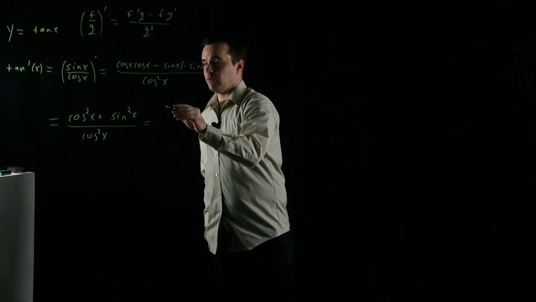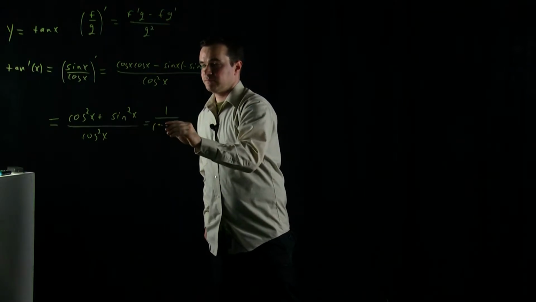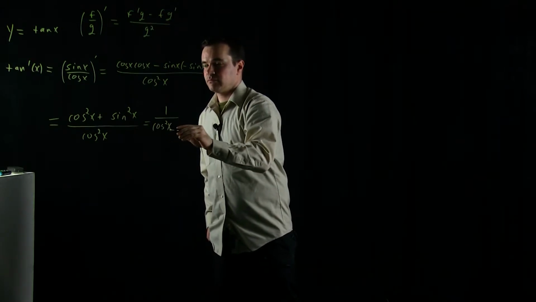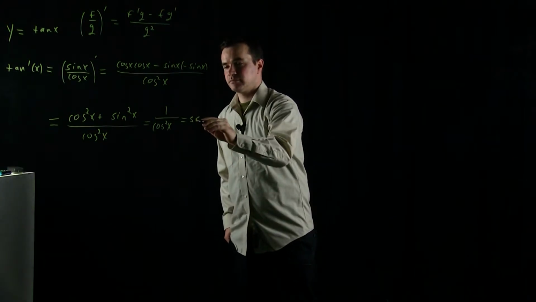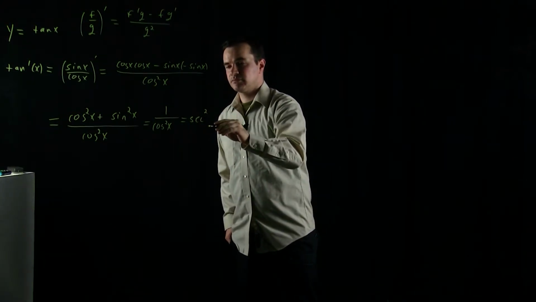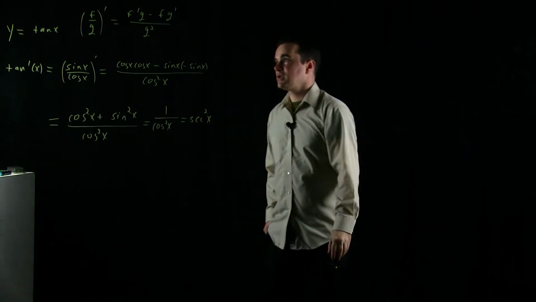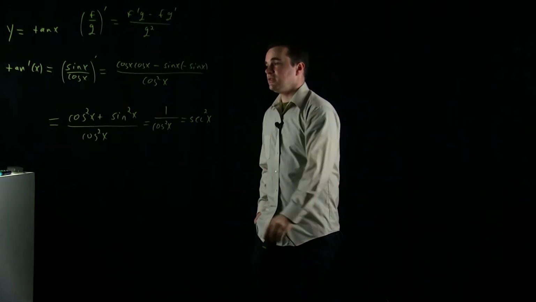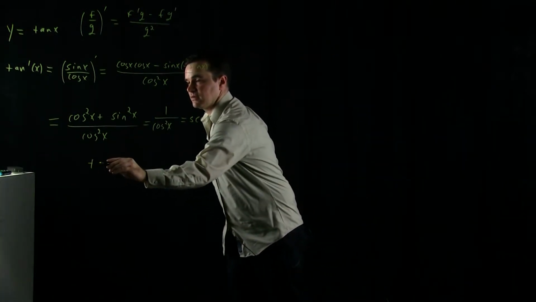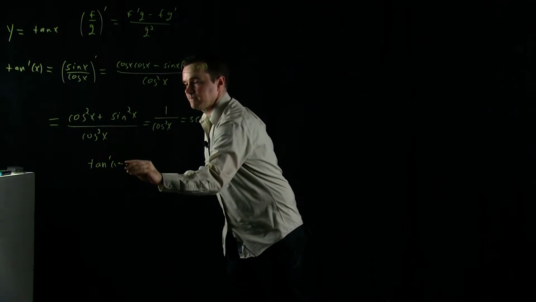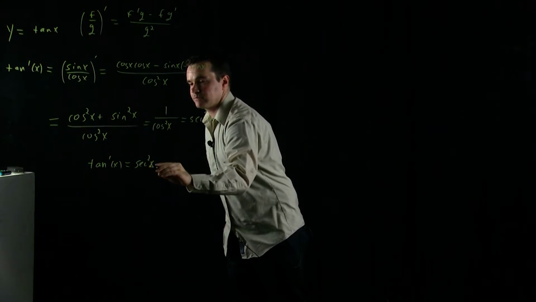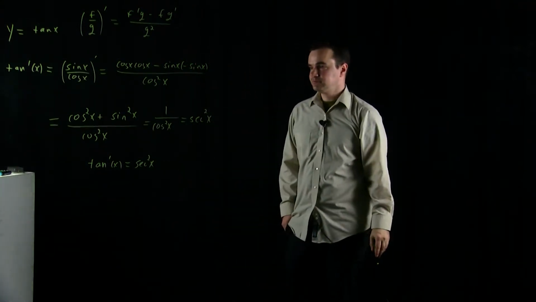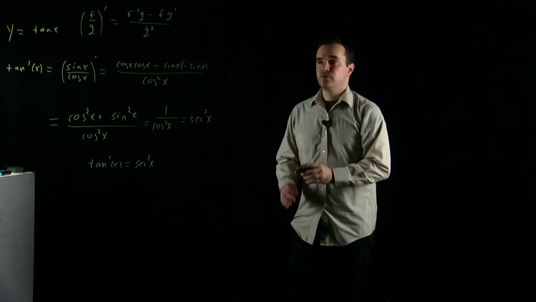So this is nothing but 1 over cosine squared of x, and that's secant squared of x. So this is telling you that the derivative of tangent is equal to secant squared of x.